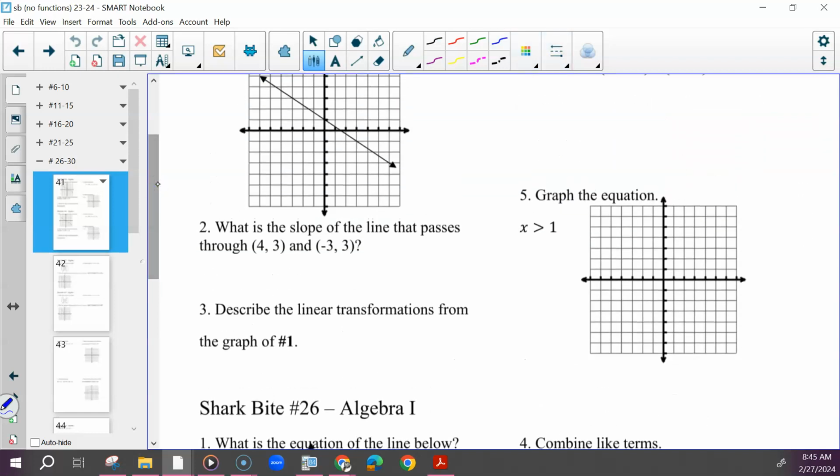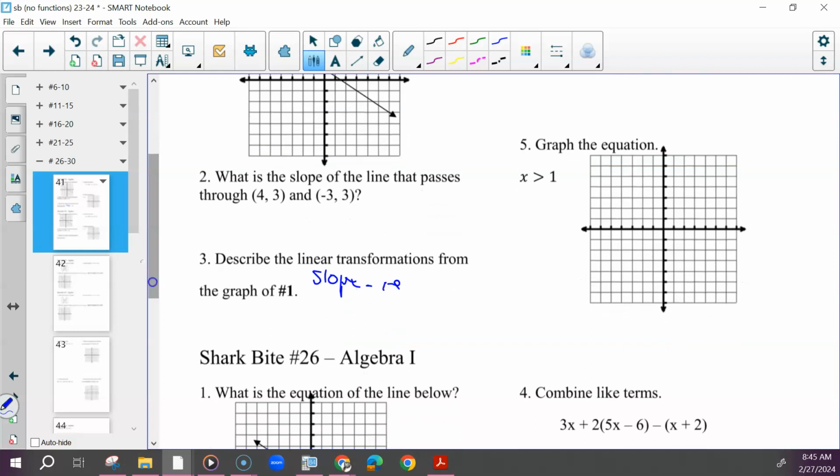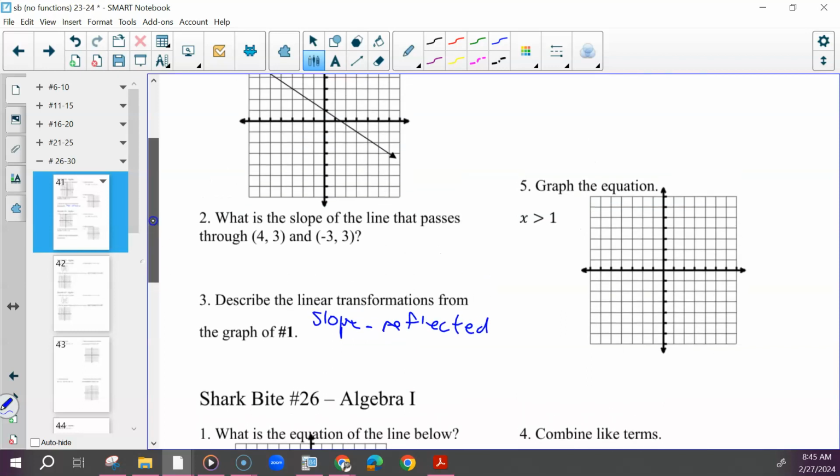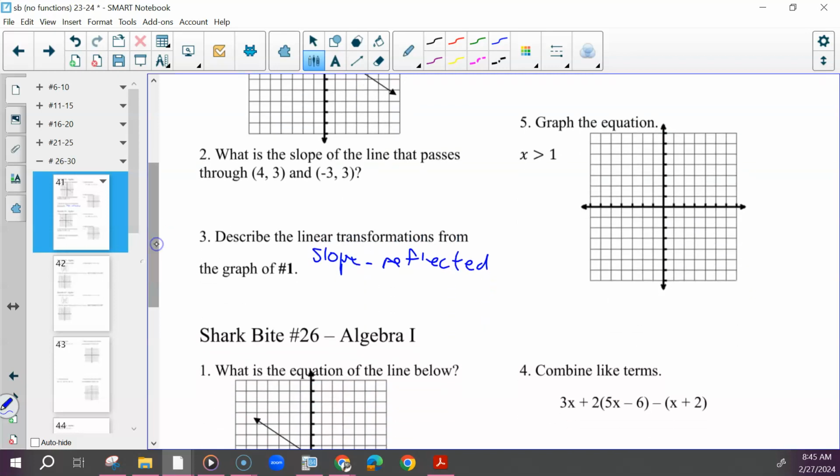So for describing the linear transformation, you are looking for steepness, reflections, and if the y-intercept was shifted up or down. So we'll start with the slope. Because it's negative, it was reflected. And the slope is no longer positive 1, it is now 2/3, so that is less steep by 2/3.